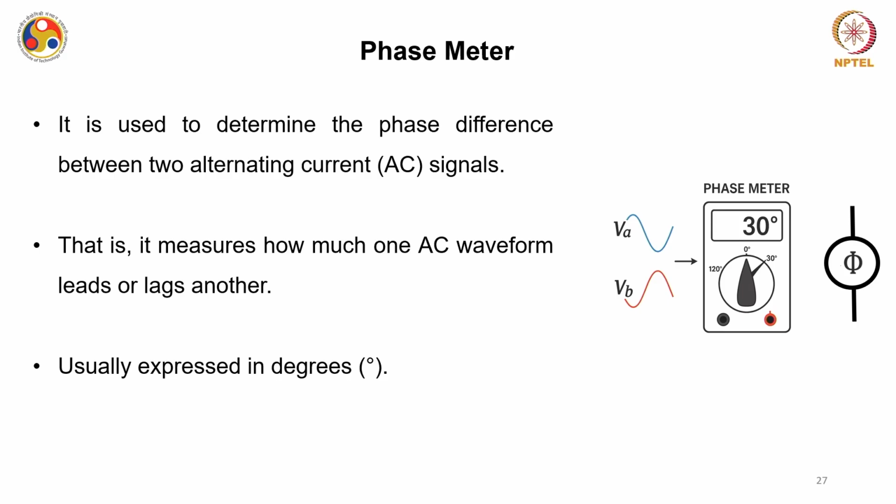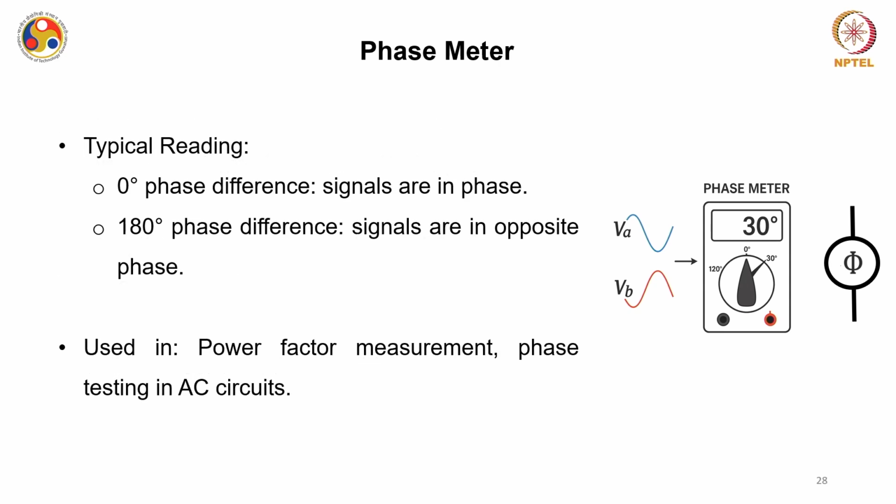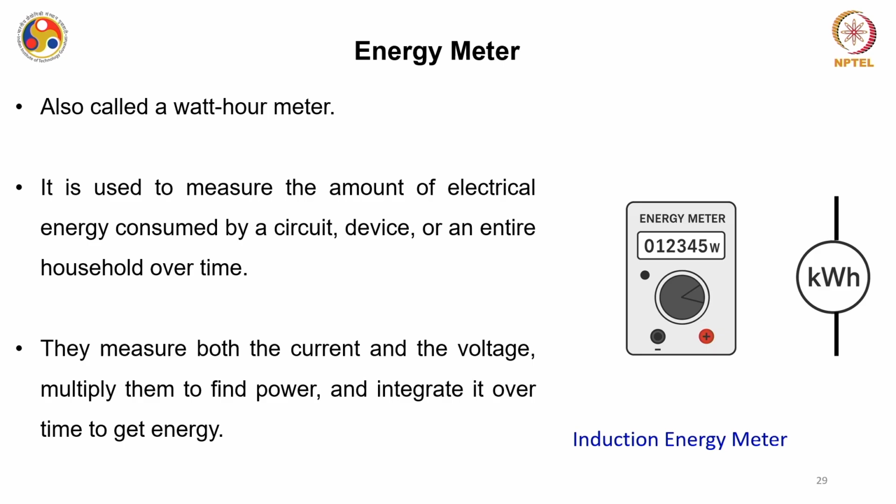So, this phase meter will read the degree by which a signal, AC current or voltage is lagging behind or leading any other signal. Typically, if it reads 0 degree phase difference, it means signals are in phase, and if it reads 180 degree phase difference, it means signals are in opposite phase. They are used in power factor measurement, phase testing in AC circuits and so on.